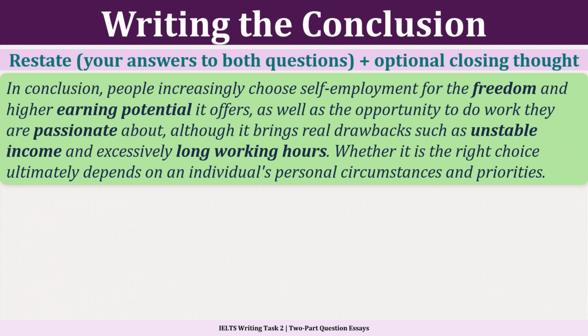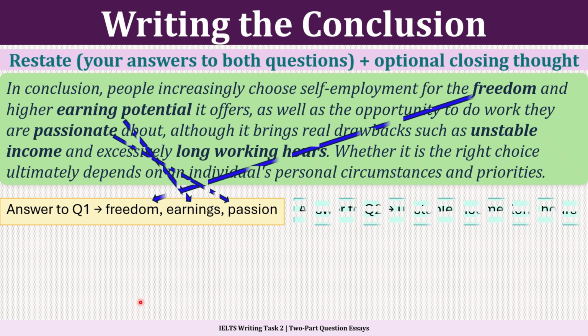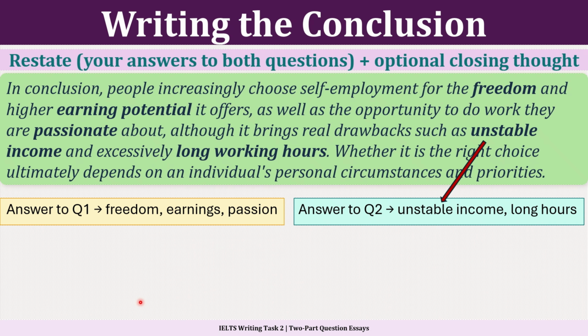Notice how the conclusion answers both questions. The opening part, freedom, higher earning potential, and the opportunity to do work they are passionate about, summarizes the answer to the first question, why people choose self-employment. The next part, unstable income and longer working hours, summarizes the answer to the second question, the disadvantages of being self-employed.